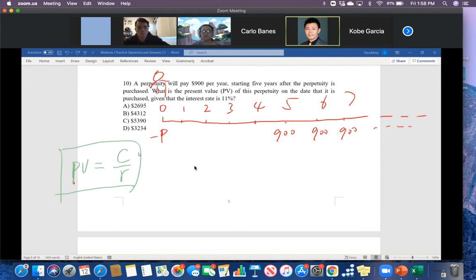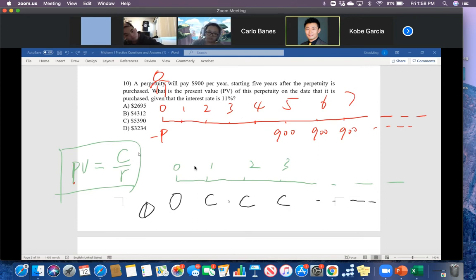Let me draw a very general timeline for perpetuity. That's forever. The first characteristic is that from the beginning, you have 0 cash flow. The second characteristic is that for the later time periods, you have the same or equivalent cash flow.